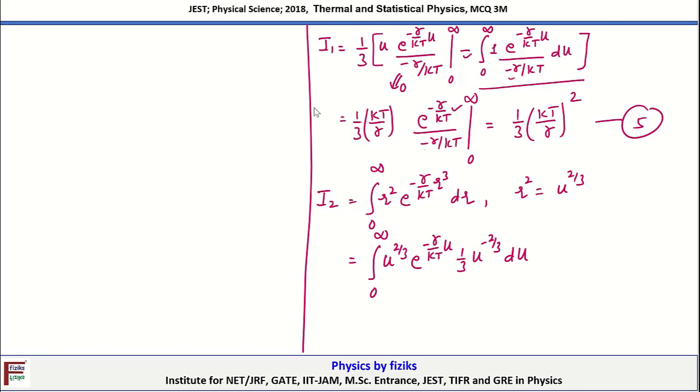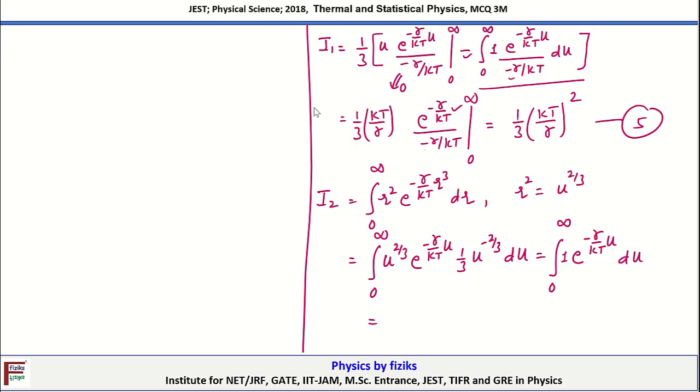Okay, and this can be further solved with integration by parts. So this is equal to u^0, basically u^(2/3 - 2/3), so u^0, that is unity, from 0 to infinity, and then 1 into exponential minus gamma by kT u du. Okay, so this can be solved quickly.